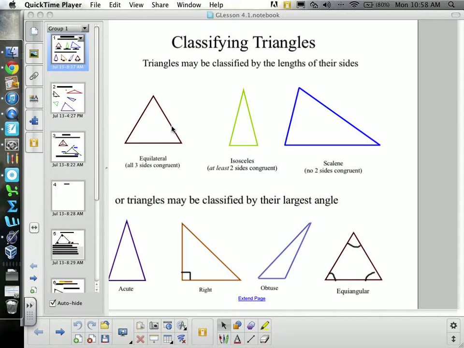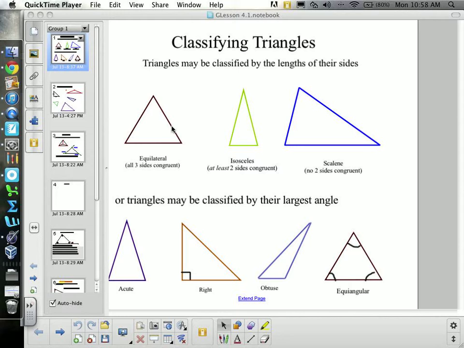Isosceles, meaning at least 2 sides are congruent. Or equilateral, which means all 3 sides are congruent. Now, an equilateral triangle is also isosceles because it has at least 2 sides congruent. So actually equilaterals are also isosceles, but not all isosceles are equilateral.